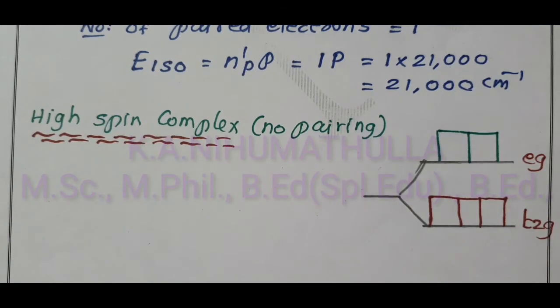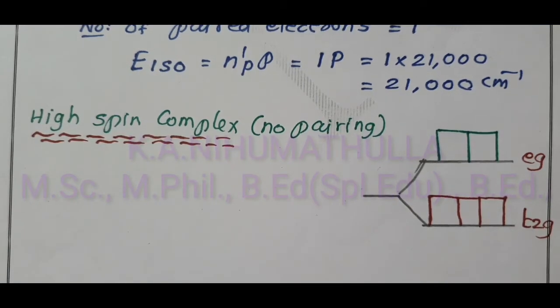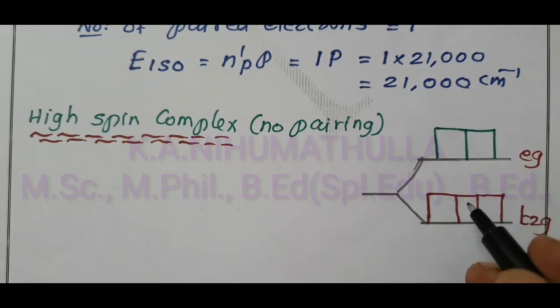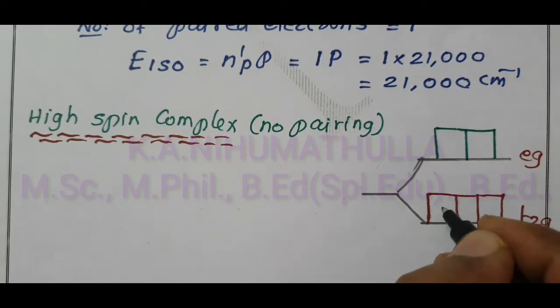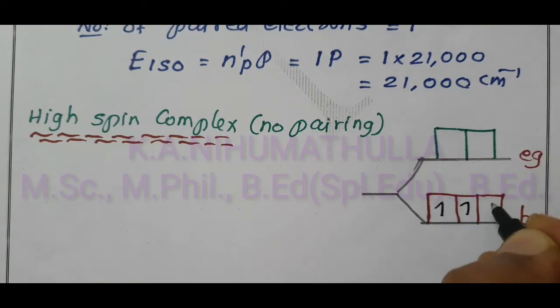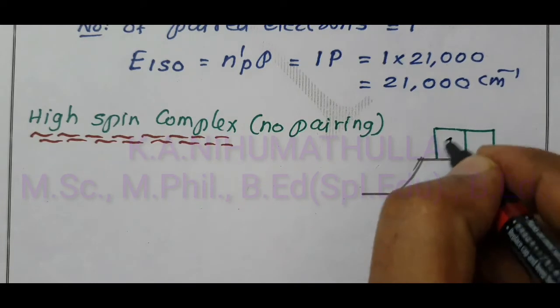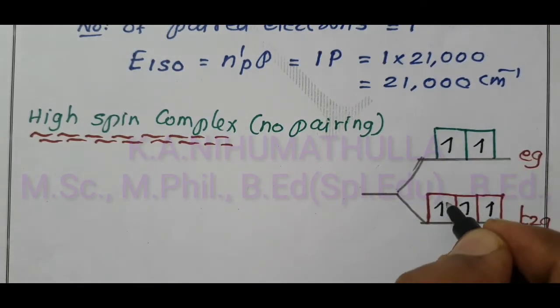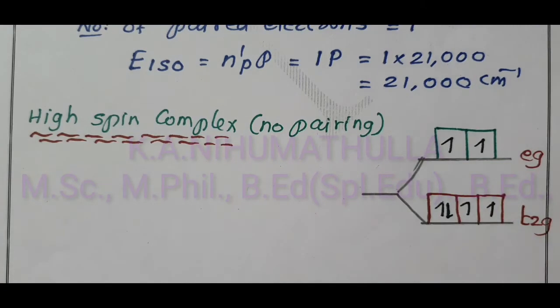How many electrons do we have in the d orbital? 6 electrons we have to fill up. How to fill them? 1, 2, 3, 4, 5. After filling all these, the sixth electron enters the t2g level and pairs there.